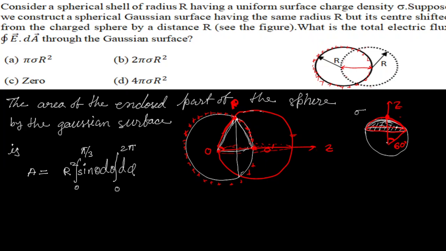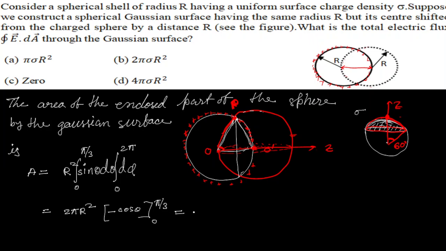You see, for every value of theta we can draw a circle around the z-axis, right? So the limit of phi will be 0 to 2 pi. When we do this integration, what will you get? From phi you will get 2 pi, so 2 pi r square, and the integration of sine theta will give you minus cos theta, with lower limit 0 and upper limit pi by 3.